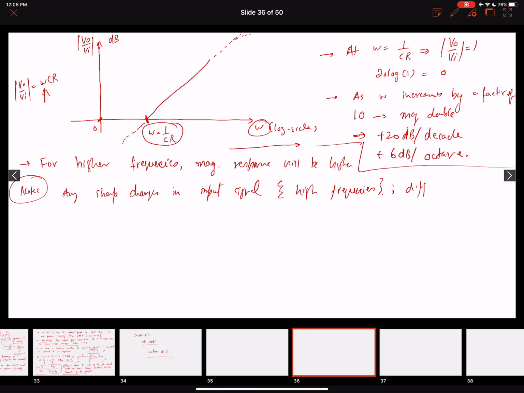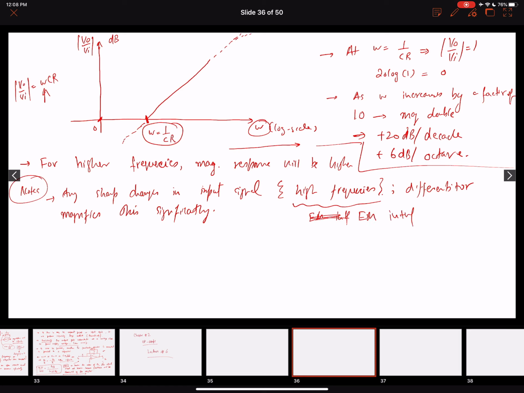The differentiator magnifies this significantly. These high frequency changes could be because of EM interference.